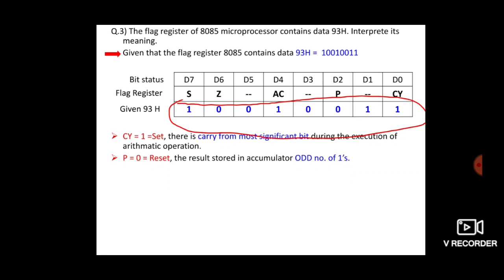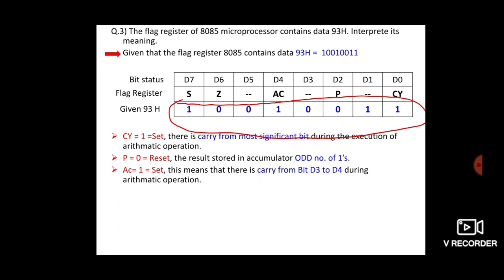Now next is the auxiliary carry flag. Which value is there, 1 or 0? 1. 1 means set. So the auxiliary carry flag is also set. This means that there is a carry from bit D3 to D4 during arithmetic operation.